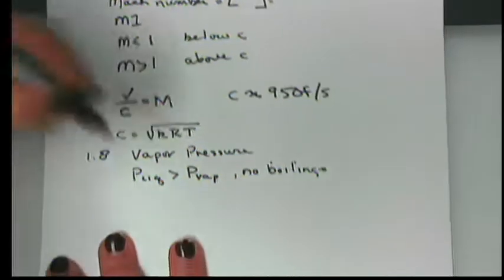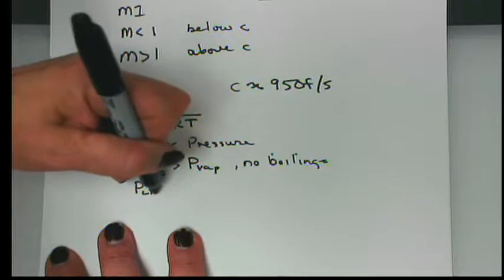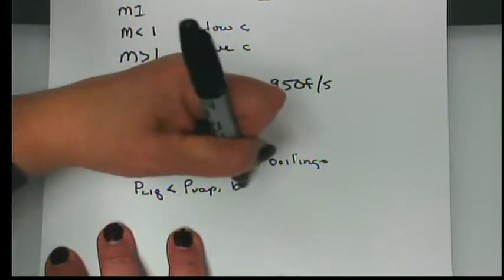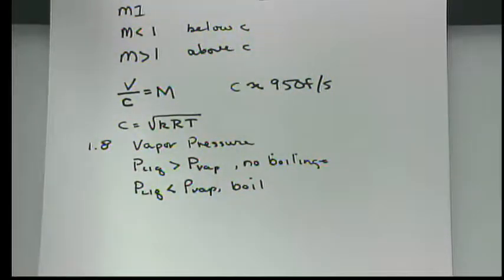But if the pressure in the liquid is reduced below the vapor pressure, the liquid will boil. And boil does not have to be hot. It can just be that phase change between liquid and vapor. And it's defined as the phase change between liquid and vapor.